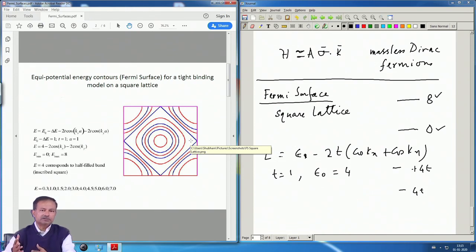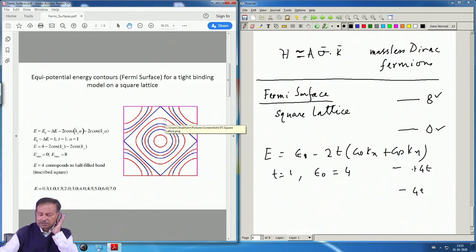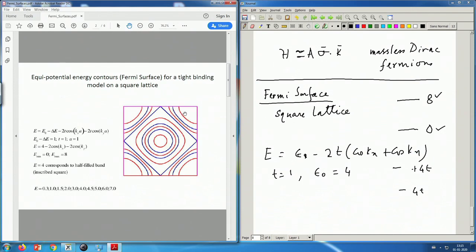This is a topic of course physics beyond single particle, in the sense that you need an interaction, a scattering between these Fermi surfaces, to make them unstable. And in real systems this happens most of the time. The system distorts either structurally or magnetically, forming a magnetic order, so that a Fermi surface with flat regions which can be brought onto one another is removed.